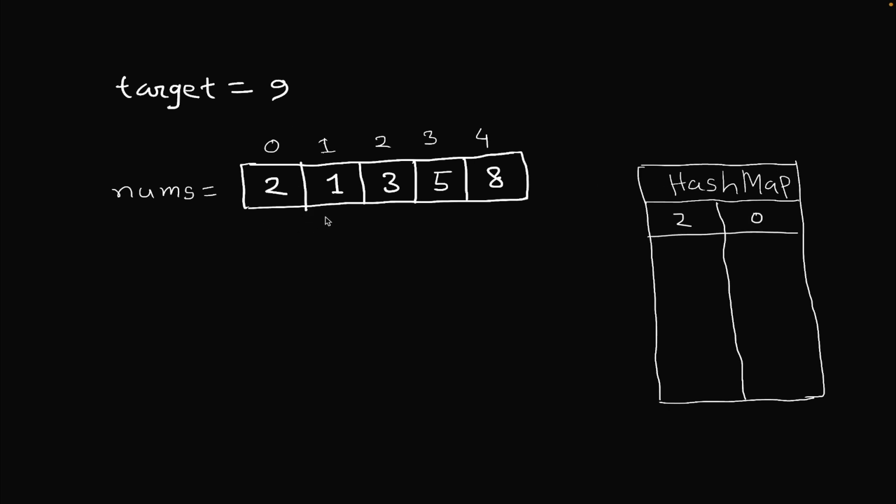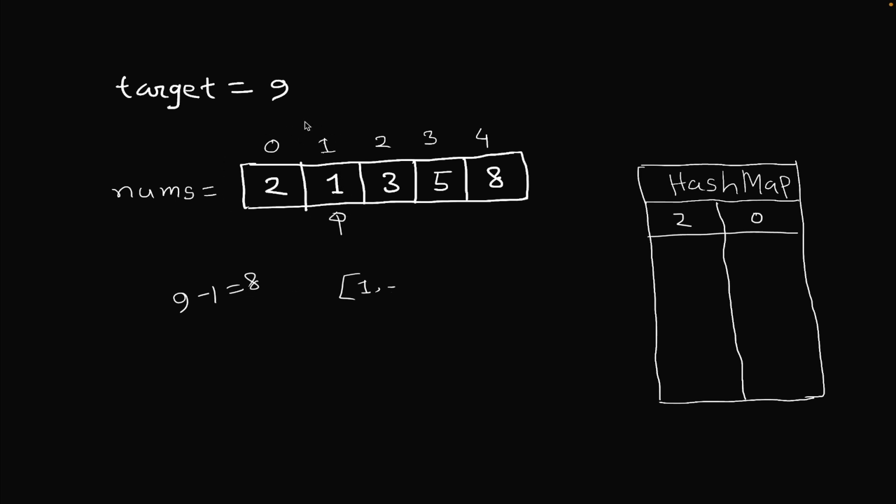Let's move forward. This is our current element. If we assume this one is part of a pair that adds to the target 9, we should have here 9 minus 1, which is 8. Does 8 exist?